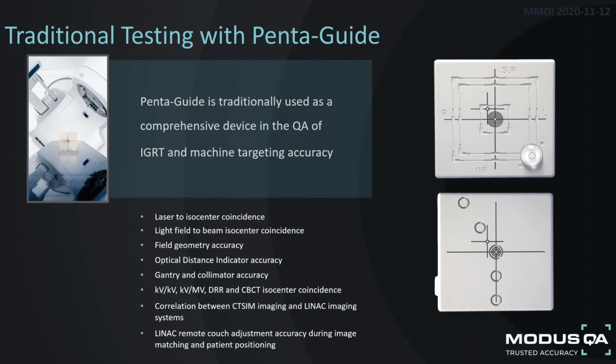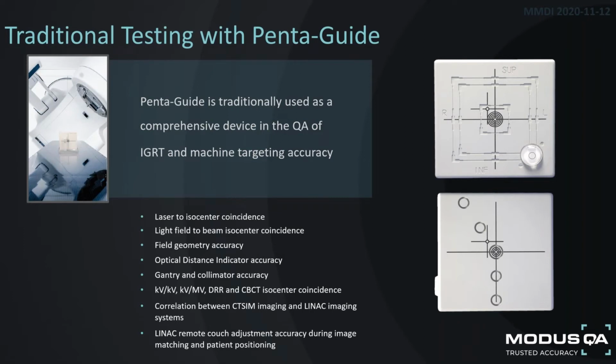So to highlight the testing capabilities, you can verify your laser to isocenter coincidence, light field to beam isocenter coincidence, field geometry accuracy, optical distance indicator accuracy, gantry and collimator alignment, 2D and 3D imaging capabilities, which includes KV-KV, KV-MV, DRR, and CBCT isocenter coincidence. You can verify the correlation between your CT SIM imaging system as well as your linac imaging system. And you can also verify your linac remote couch adjustment accuracy during image matching, as well as patient positioning.